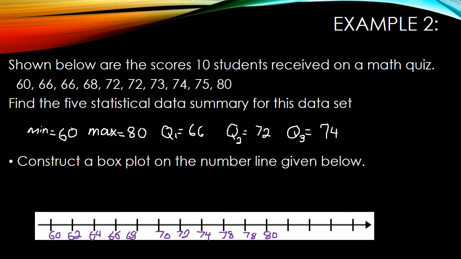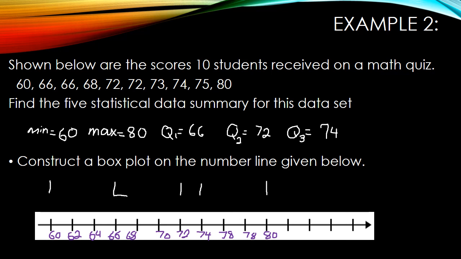Okay, so now I need to construct the box plot above the number line, not on the number line. I'm going to make my 5 marks for the 5 main points: the minimum and the maximum for the whiskers, 66 for the first quartile, 72 for the median value, and 74 for the third quartile.